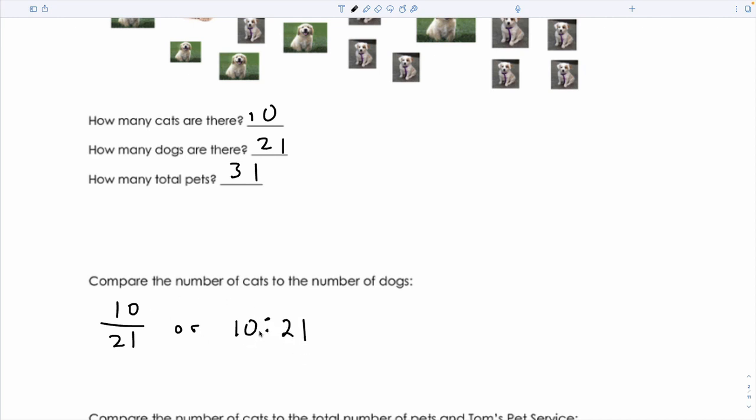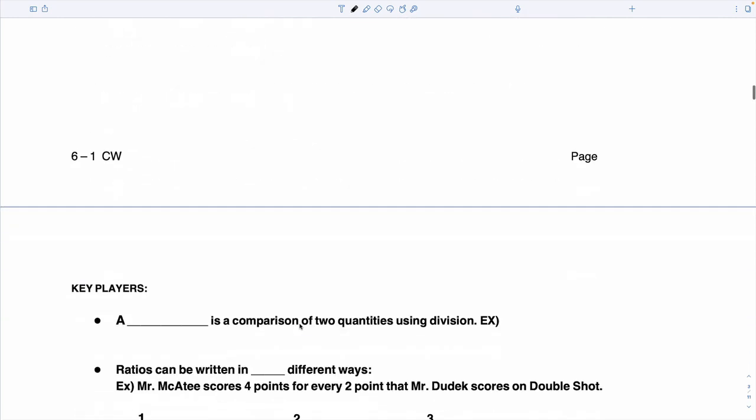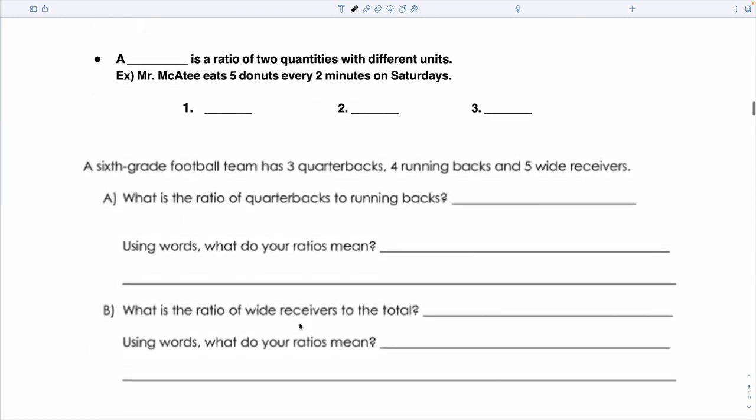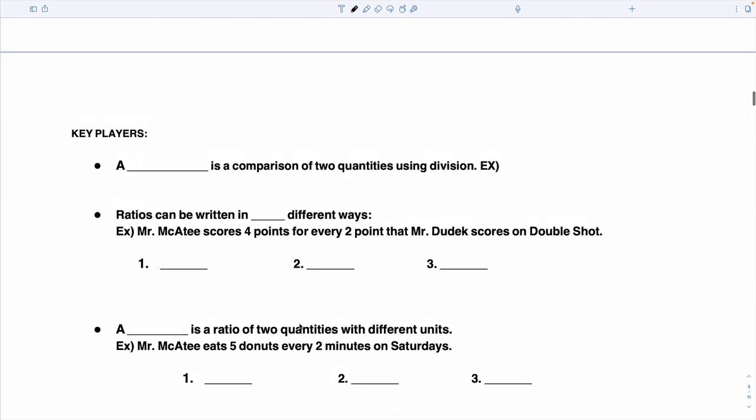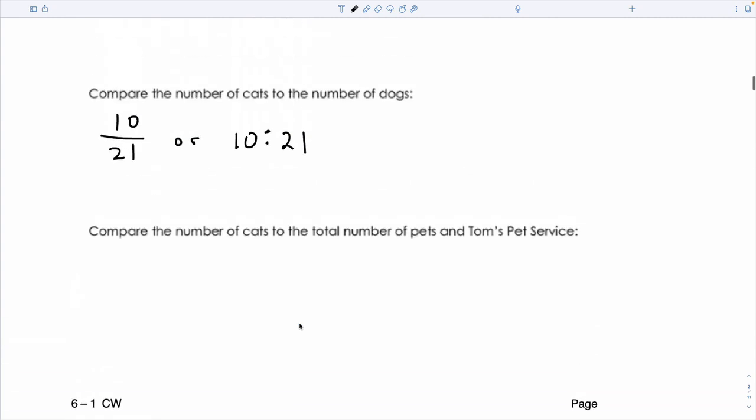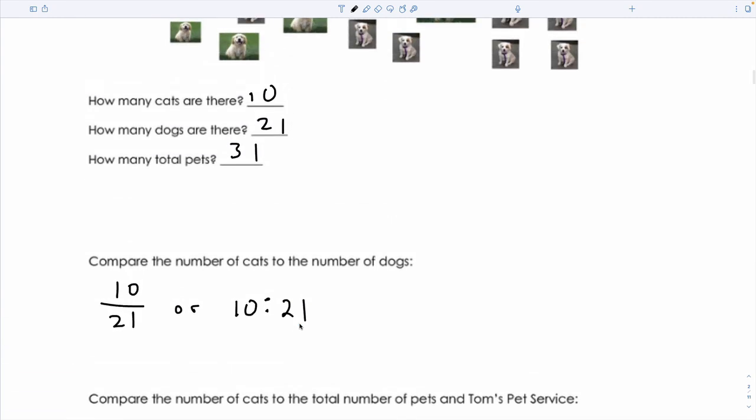You could write it as 10 colon 21, 10 cats to 21 dogs, always listing it first with what you said first, and then the second with what you said second. You could also list it as 10 over 21. You could write either of these as ratios. These are our 3 ways of writing ratios.